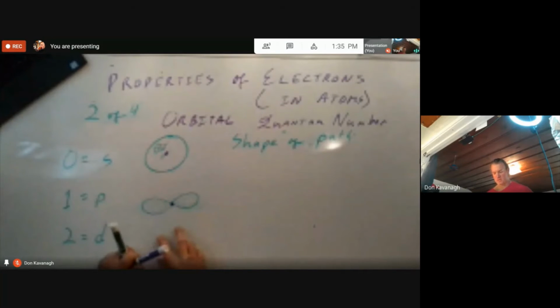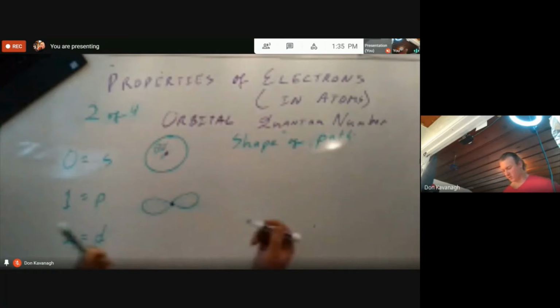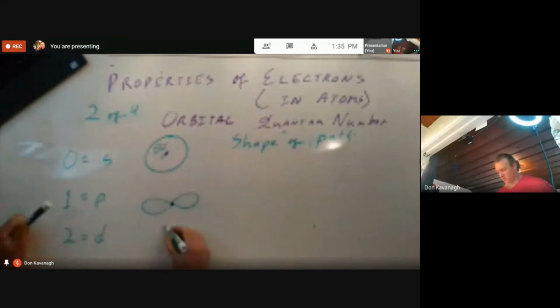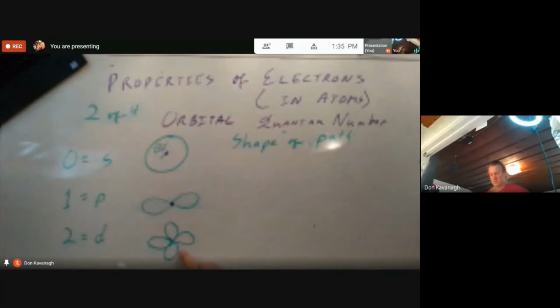D orbitals have a generic shape that is this. It's getting a little more complicated. The nucleus is right at the center point right here.